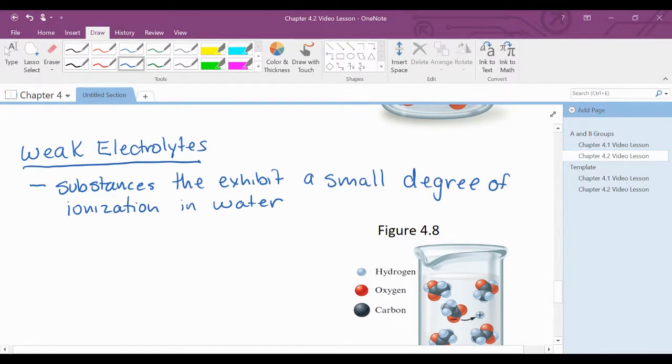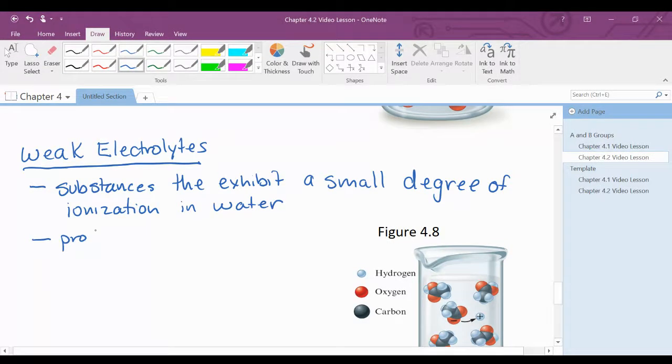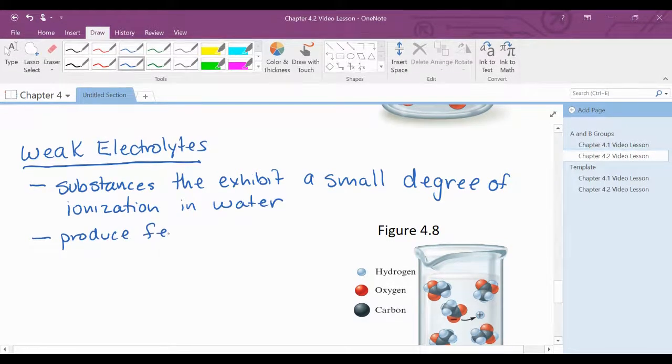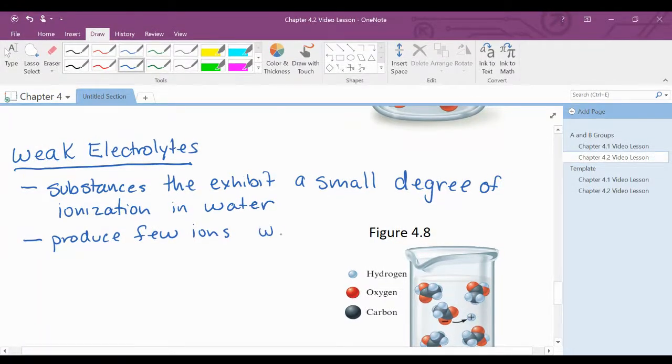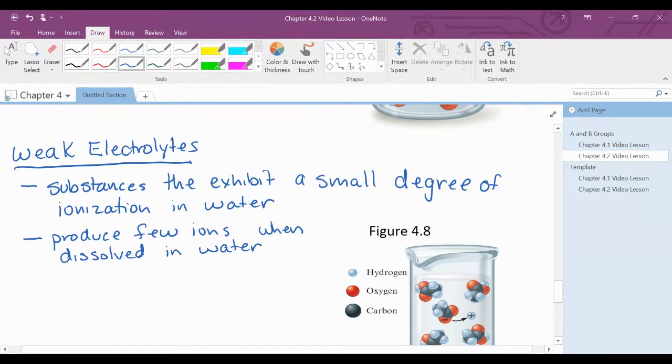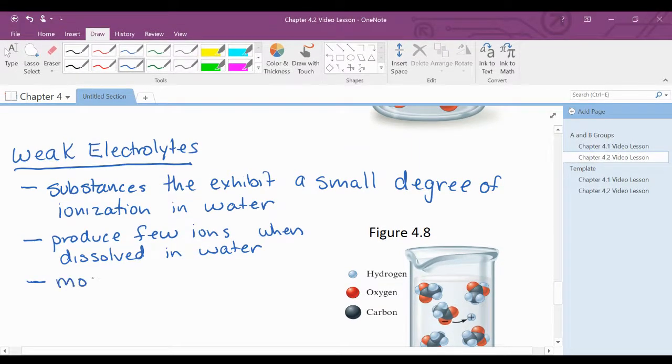So they produce few ions when dissolved in water. And so the most common weak electrolytes are weak acids and weak bases.